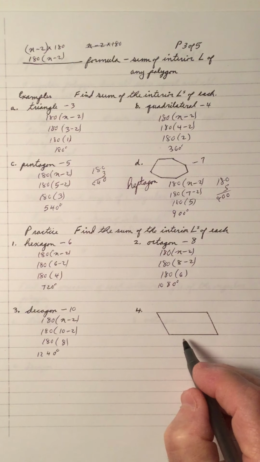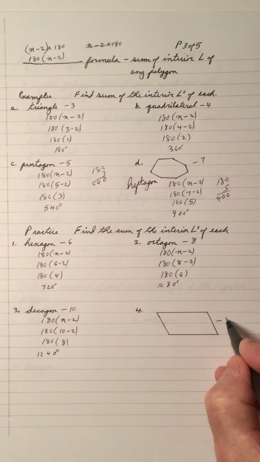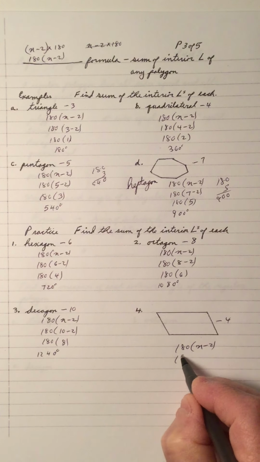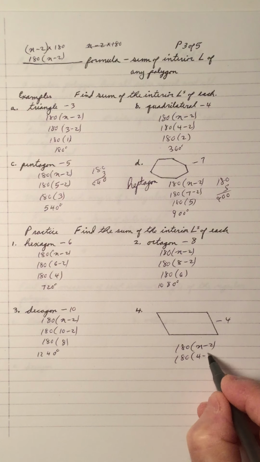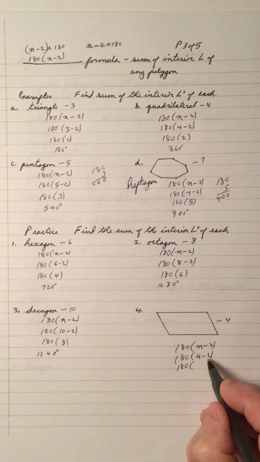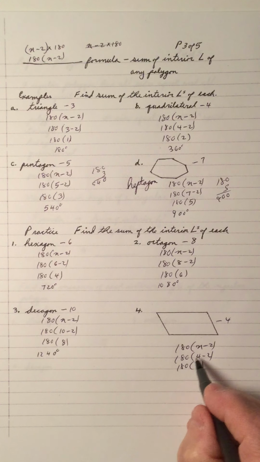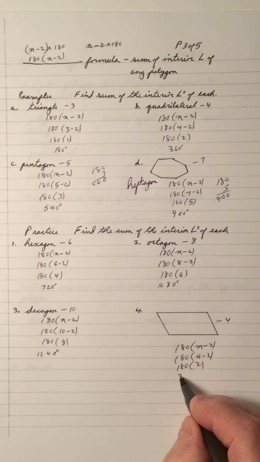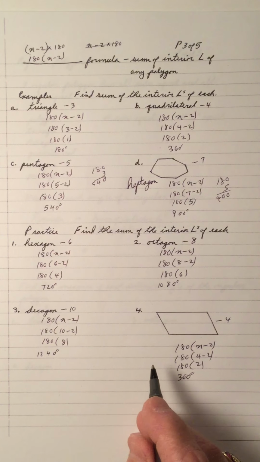And we have 1, 2, 3, 4 sides. So it's 180 times n minus 2, 180 times 4 minus 2. Again, we have to do the inside of the brackets first. So that's 360, because that's a quadrilateral.